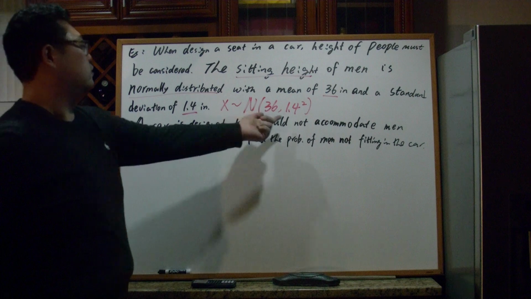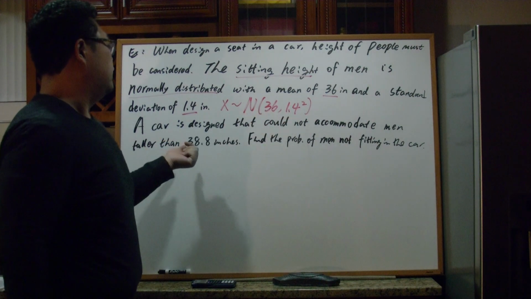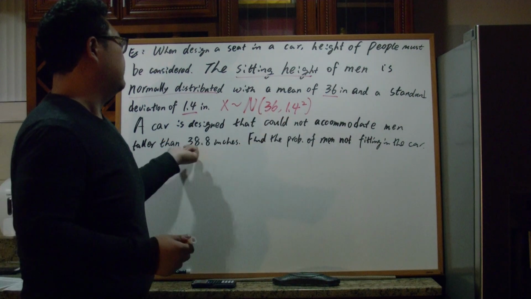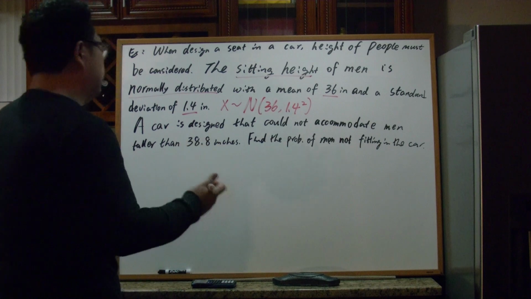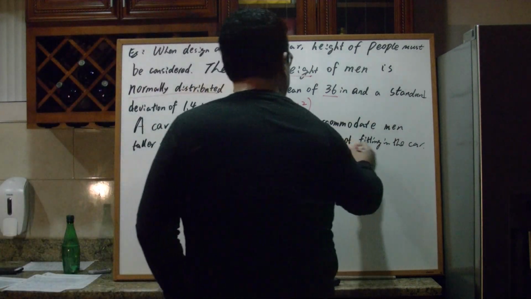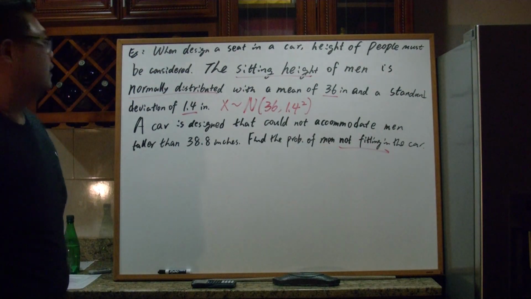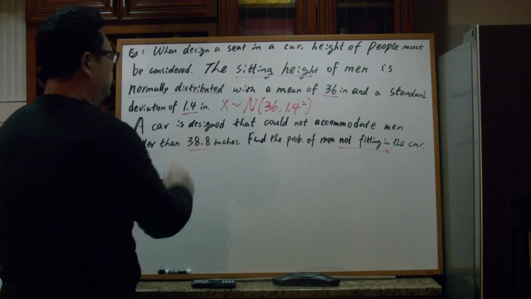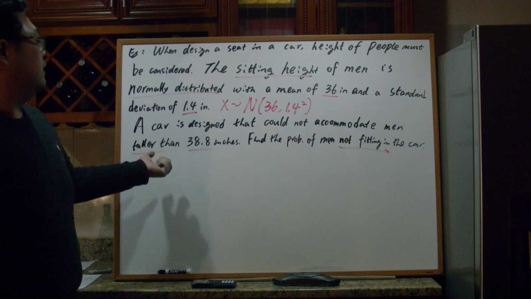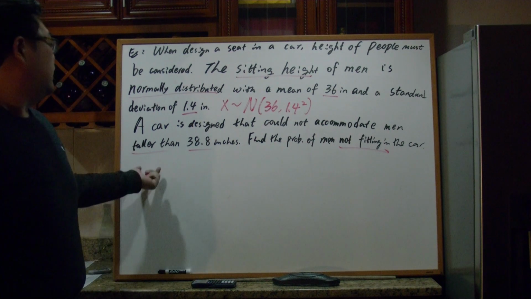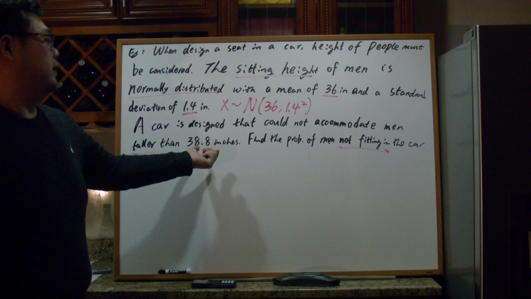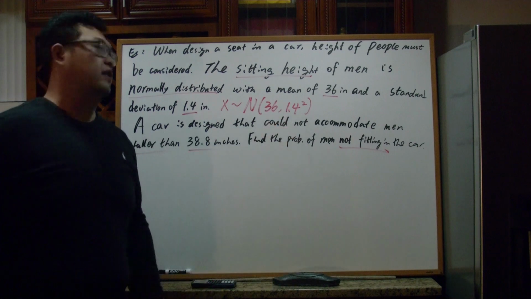A man not fitting the car means finding the probability that the man's height is taller than 38.8 inches. Sitting height taller than 38.8 inches cannot be fitted in the car.